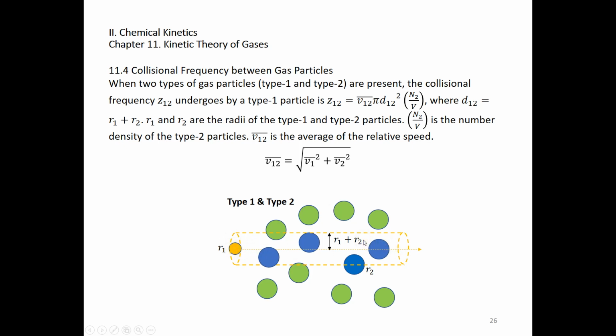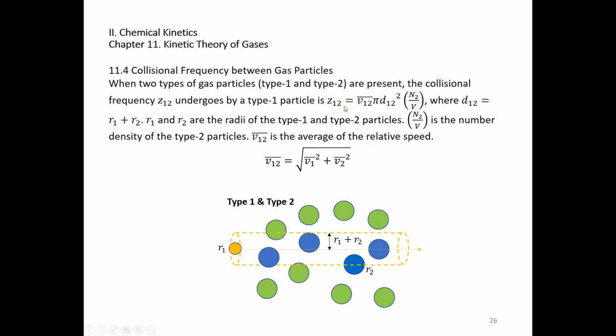R2 is the radius of the blue spheres and green spheres. So we can see these four blue spheres have their centers inside the cylinder. So the yellow sphere is about to collide with the blue ones, but not the green ones, because the centers of the green spheres are outside the collision cylinder.